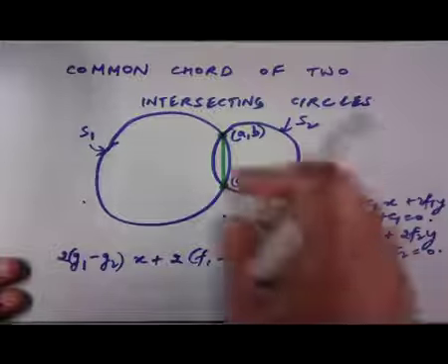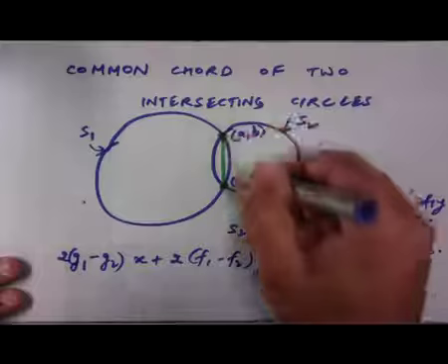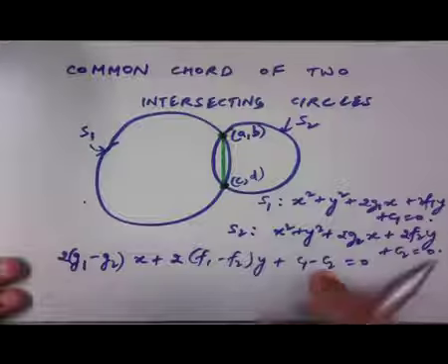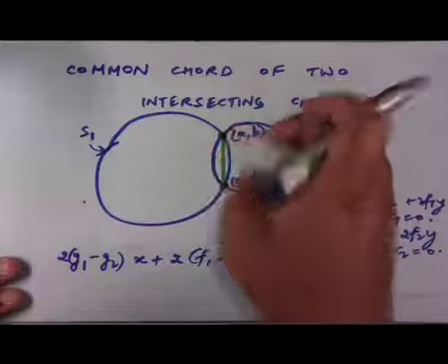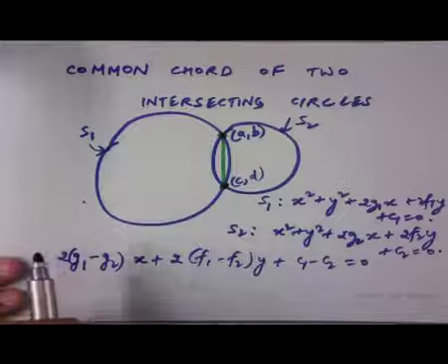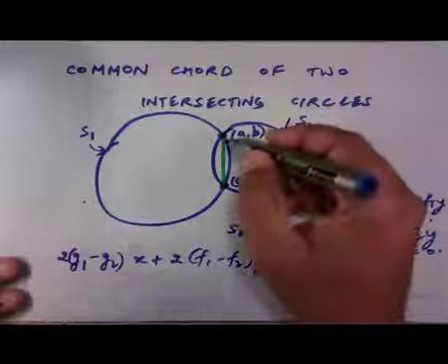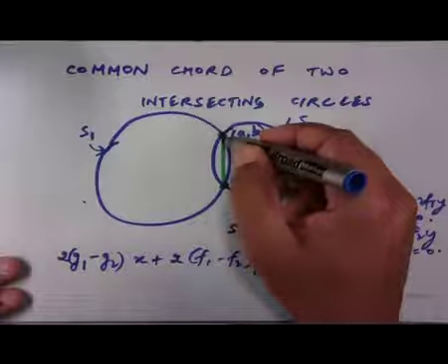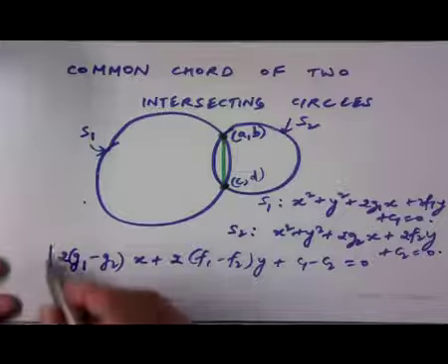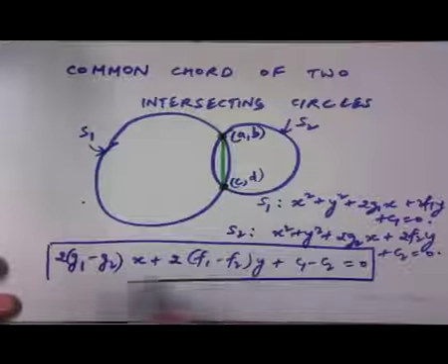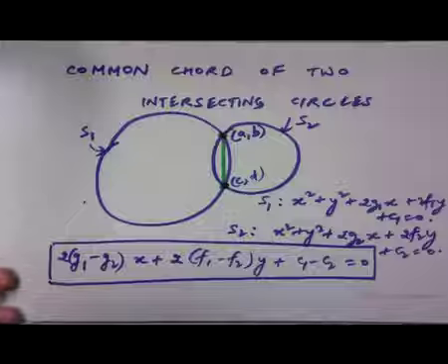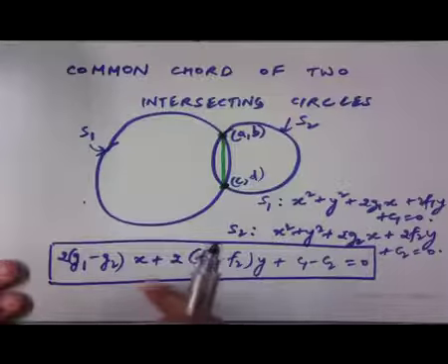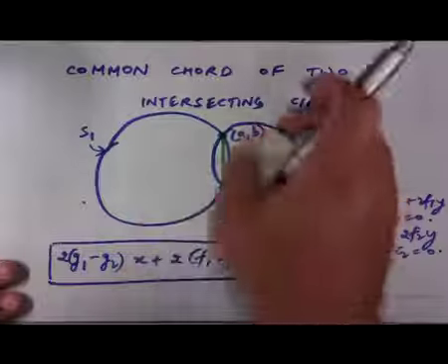What that means is that both these two points lie on this straight line, and since the straight line between any two points is unique, it follows that this common chord has the equation which is nothing but this equation. So, this is the equation of the common chord of the intersecting circles.